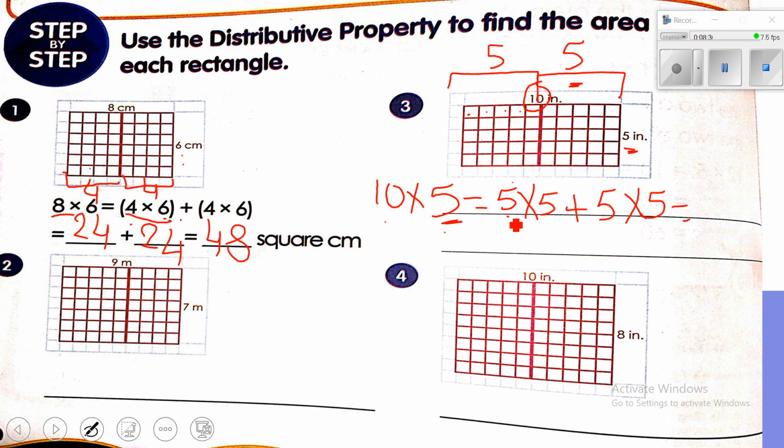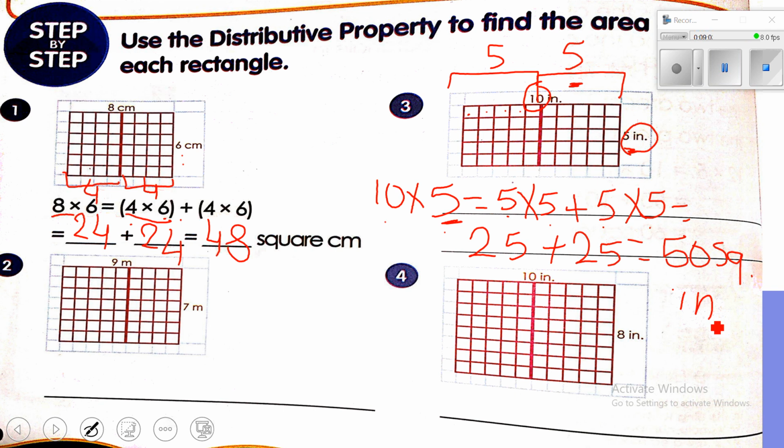Now 5 times 5, the answer is 25. Plus 5 times 5, the answer is 25. 25 plus 25, perfect. It's 50. What about my unit? Here I have inches, so the unit is square inches.